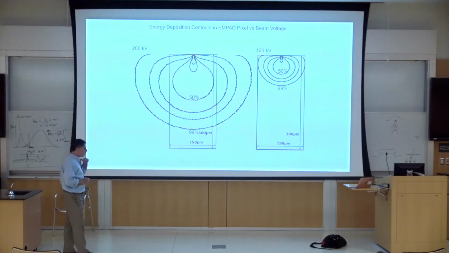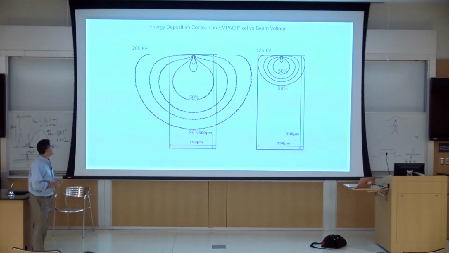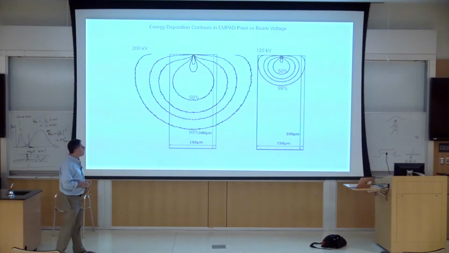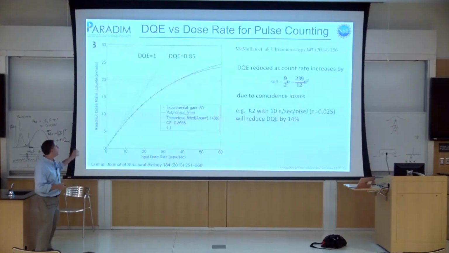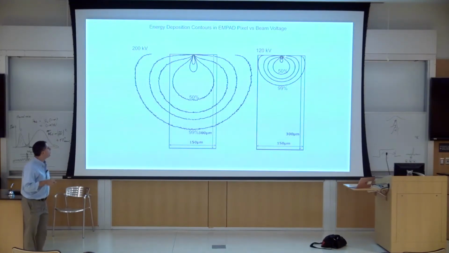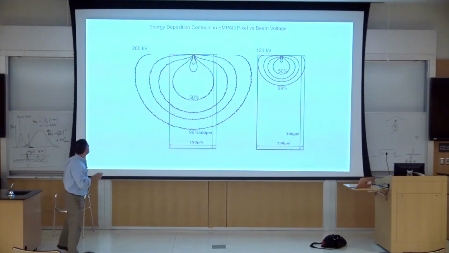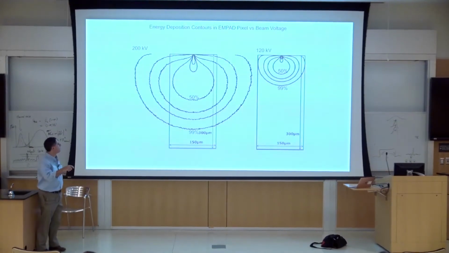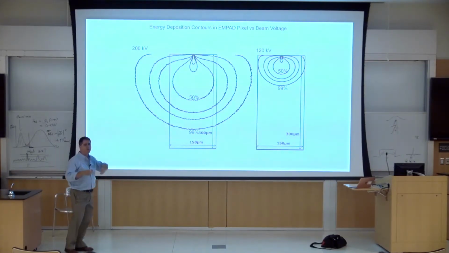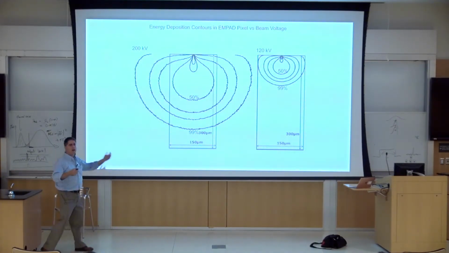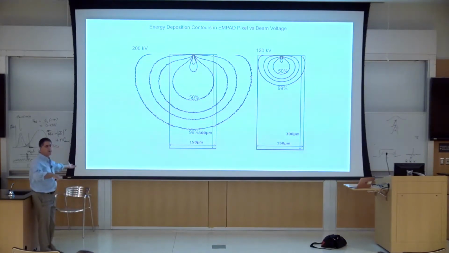So when you're thinking about designing detectors, I talked about this blurring as a function of spatial frequency. What's going on here is that I fire an electron into a piece of silicon, and the electron is going to spread out. If the electron spreads out so much that it hits a neighboring pixel, then you've got a blurring function that is more than 1 pixel, and therefore your point spread function is broadened, your MTF is blurred out, and your DQE goes down.